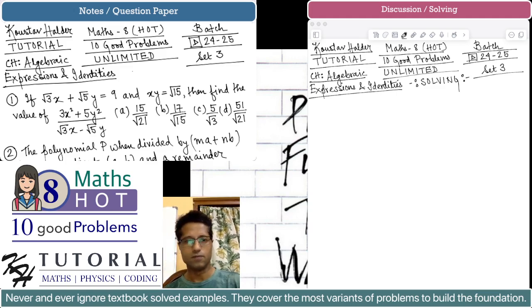After solving a problem, I will pause for a few seconds so that you can take a screenshot of the solution if you think it will help you. Let me quickly check if everything is visible. I hope the problems are big enough for you to see. The PDF of the problems will be given in the description below. Okay, so let's start solving the problems.